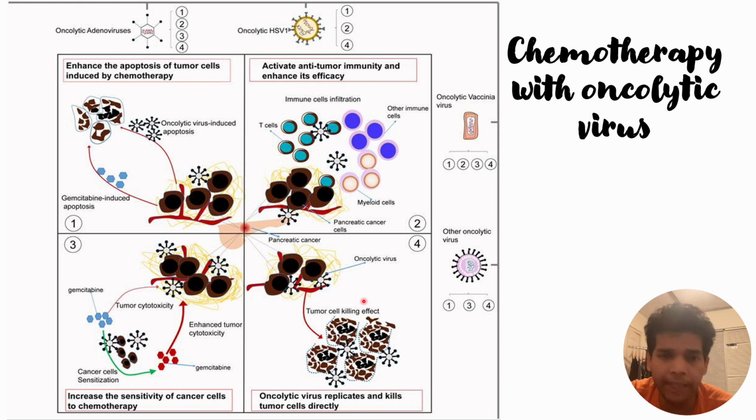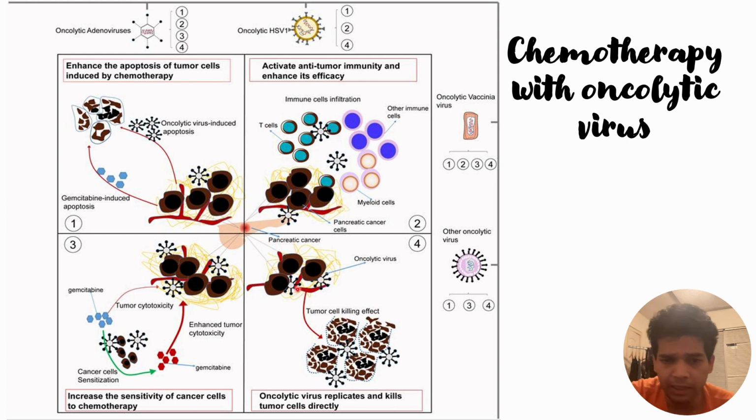And the last way that it can work is directly. The fourth, or final major way by which this oncolytic virus works, is that it can directly act against the tumor cells.